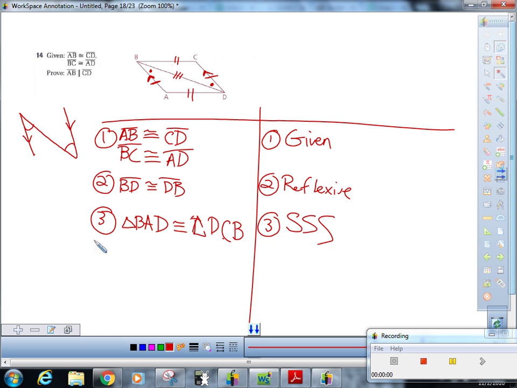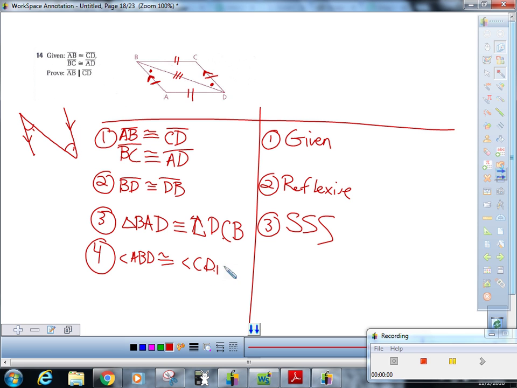So now you got to make sure you pull out the correct angles. So which ones am I going to pull out? This one and this one. So what are they? Angle ABD is congruent to what? CDB. ADB, CBD. If not, then that's wrong. Oh yeah, CDB.